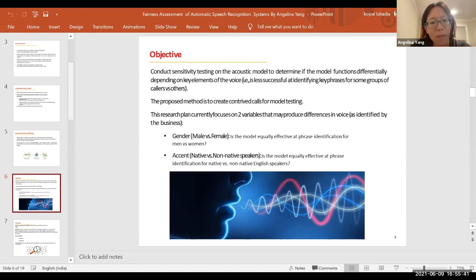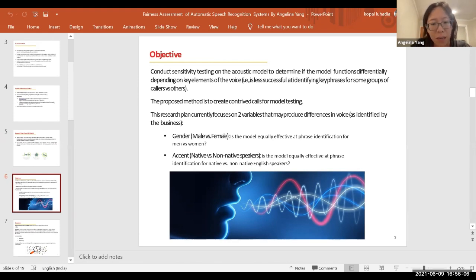And our proposed method is to create, it's really an experiment design study. We're trying to recruit participants to create contrived calls for model testing. And in the research plan, we are focusing on two dimensions of the voice that we suspect might be relevant for model performance.